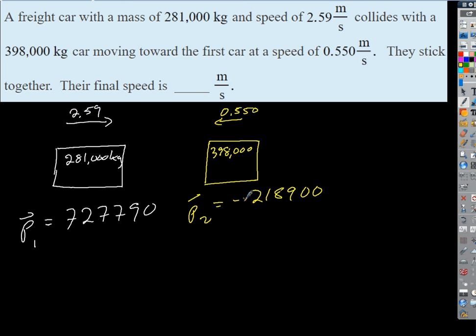Negative. Okay, so then that means that if we add those up, what do we get?